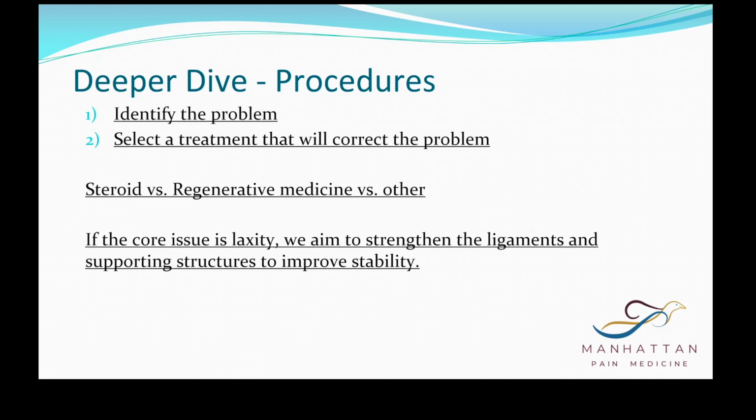Or if they're using muscles to compensate for the laxity, they'll end up overusing those muscles, and then they'll come in with pain, disuse, tendinopathy of those muscles that are being overused. So looking at laxity and how we can treat that is the main goal of procedures for hypermobility spectrum disorders. And again, diagnosing pain versus hypermobility, I spoke about that a little bit. We want to understand both.